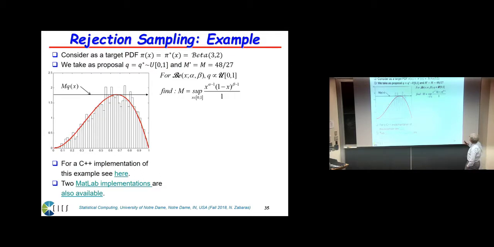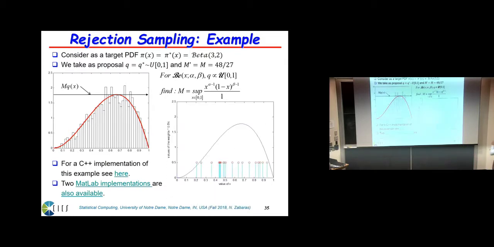Okay, if you take the beta distribution with parameters alpha equal 3 and beta equal 2, this m comes to be 48 over 27, and so mQ is like that. This is the actual distribution, and what you see is a histogram following this accept-reject algorithm, where all the samples are generated from the uniform distribution. All right? So what you see here are the samples that are being accepted.